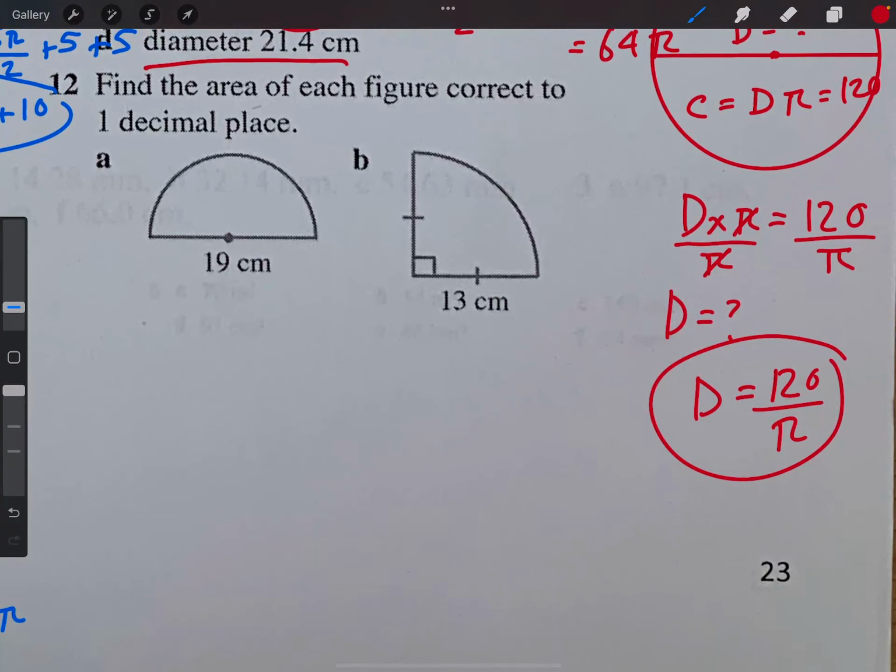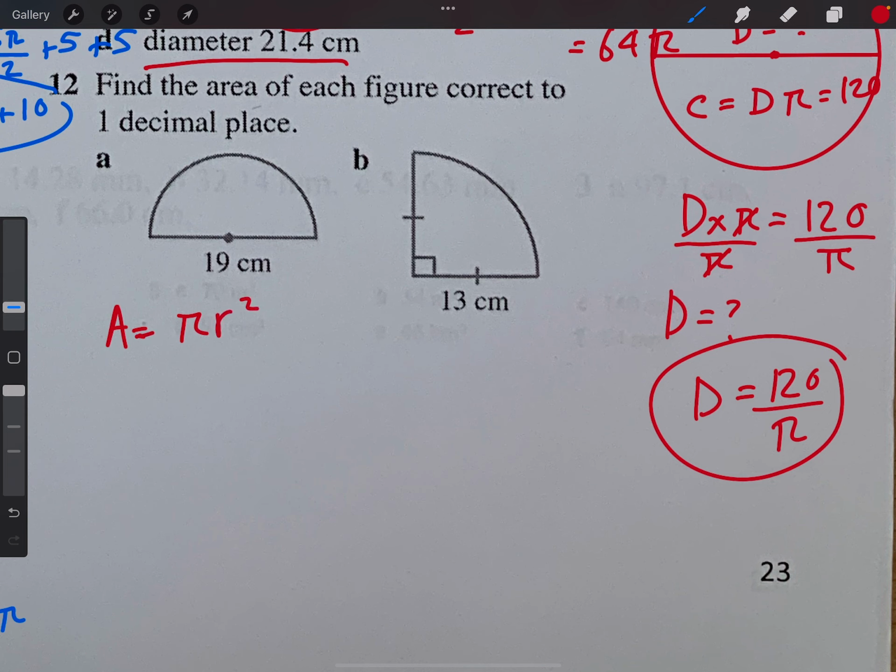Question 12. Find the area of each figure correct to 1 decimal place. The area of this semicircle is just the area of a circle divided by 2. So the area is equal to a half times pi times radius squared. Or think of it this way: it'll be pi times r squared.